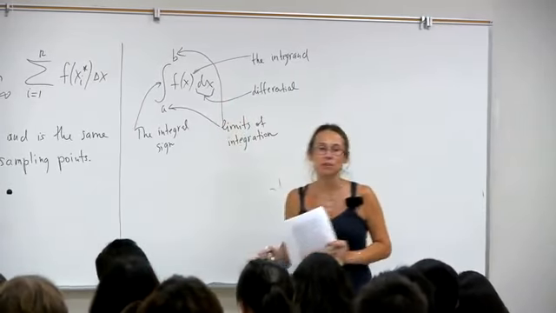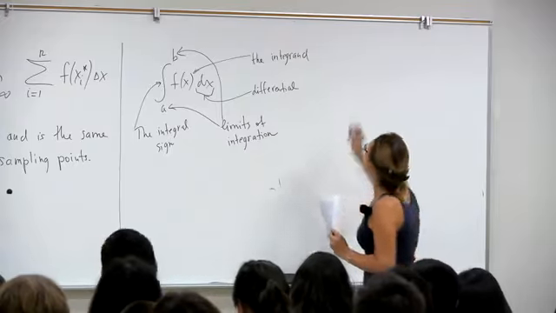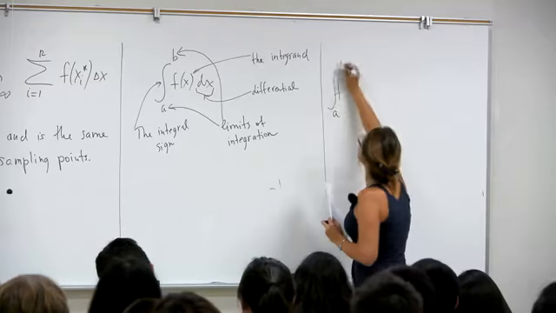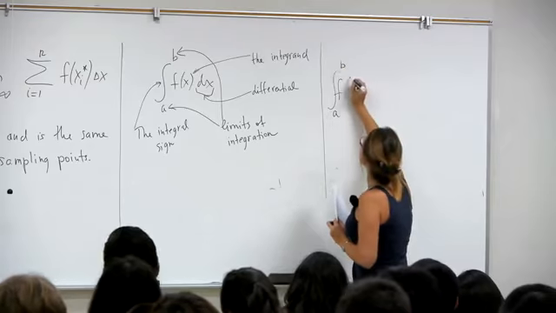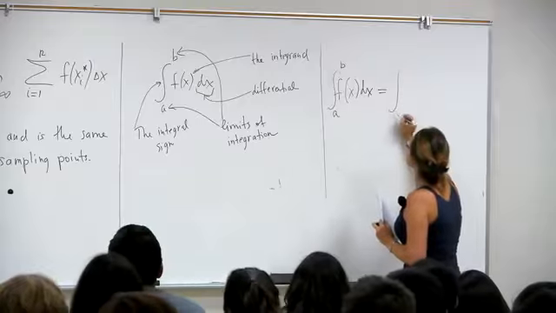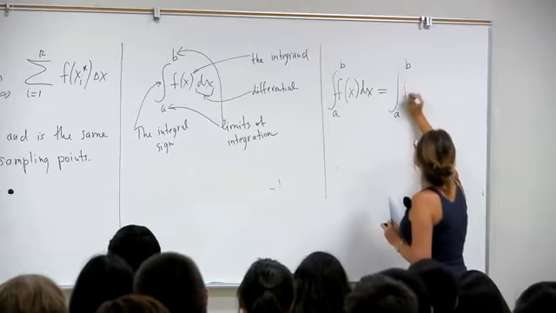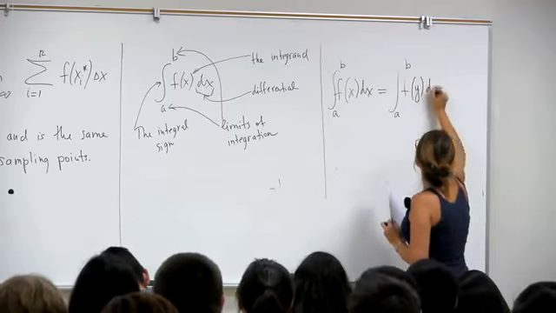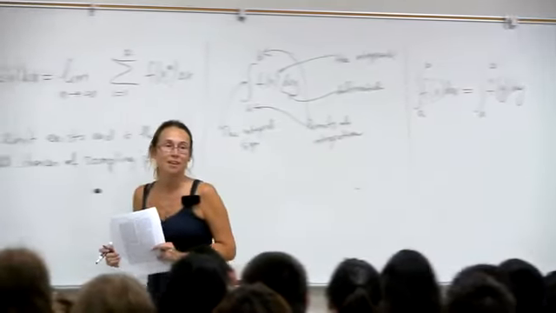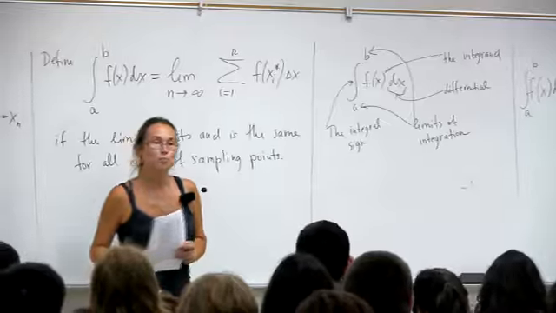We call this variable the silent variable of integration. So let me show you. The integral from a to b of f of x dx can be written as the integral of f of y dy, or I could insert any letter, and the answer won't change.